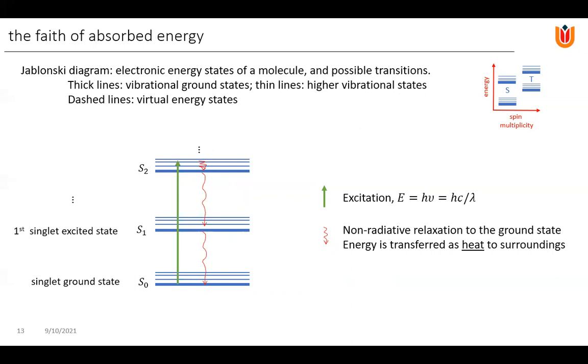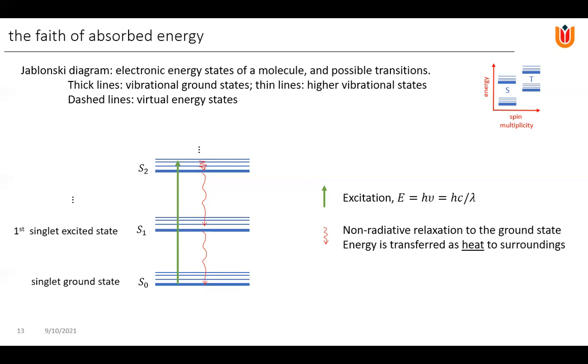There are some excited state levels above that ground state, with the thin lines over there. If light interacts with such a molecule, it can excite the molecule up to any of these excited states.